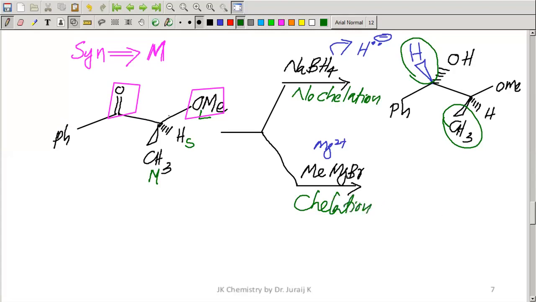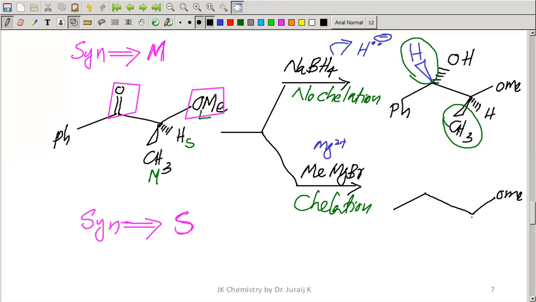And moreover, your compound is syn. In the case of chelation with a syn compound, we have learned that your nucleophilic attack takes place from the side of the small group. Now I'm drawing the product.